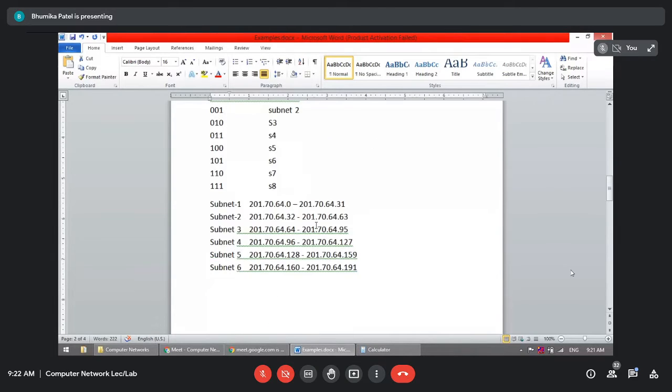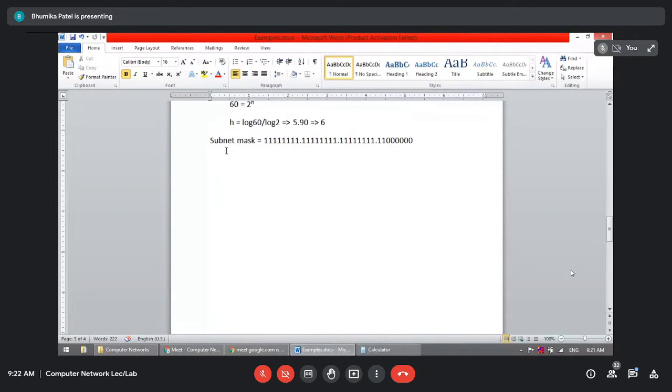Okay, just copy from here to find the number of subnets. Here the value of n is 2 because of these extra ones. That's why I'm taking n equal to 2, and the number of subnets here will be 4.